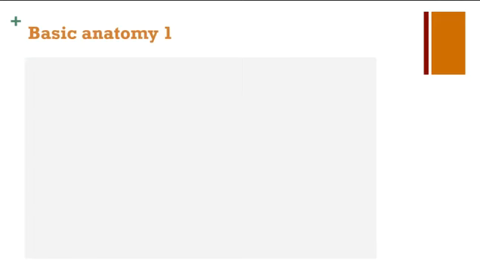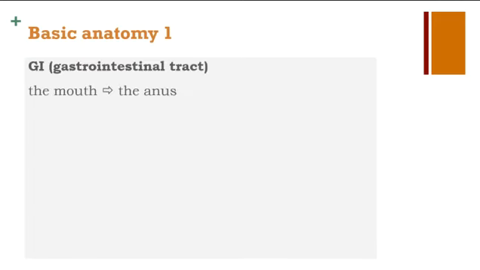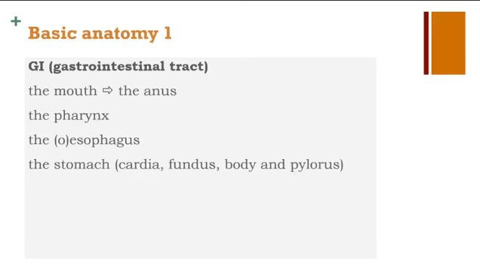The organs of digestion are divided into two main groups. First is the gastrointestinal tract that extends from the mouth to the anus and includes the pharynx, the esophagus, the stomach, which contains four areas: the cardia, the fundus, the body, and the pylorus.